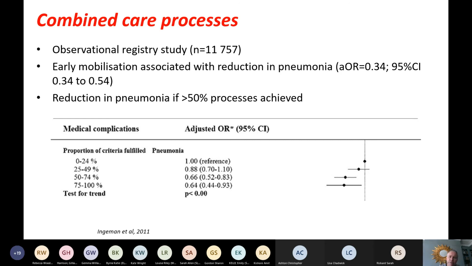And in this registry, so it wasn't a randomized trial, early mobilization as compared to late mobilization was associated with a reduction in pneumonia. And in fact, if more than 50% of the care processes were achieved, there was also a reduction in pneumonia as well. And this is shown in the small forest plot at the bottom of the slide. So what this means is unclear.